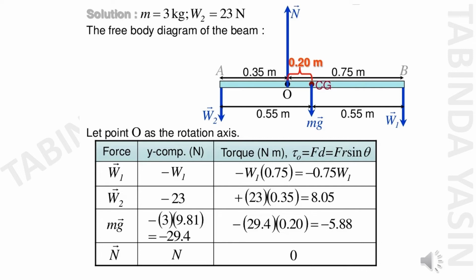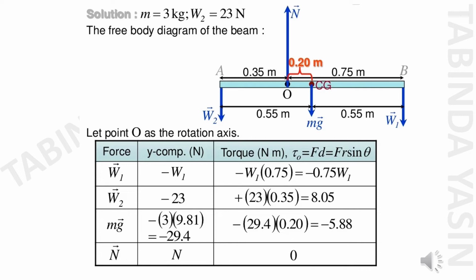We have to calculate about the point O. Then the upward force is the normal force acting upward, and there is an equal and opposite force, that is W equal to mg at the center of the beam. From W2 to the center of gravity, the length is 0.55 meter, and from the center of gravity to W1 is 0.55 meter. From the point O to the center of gravity, the distance is 0.20 meter.